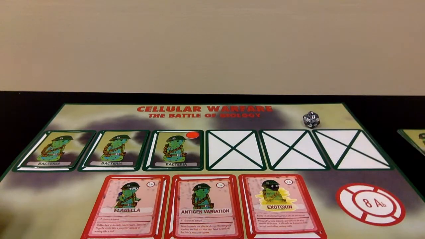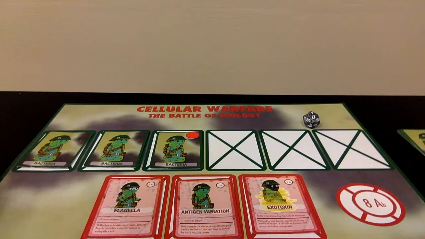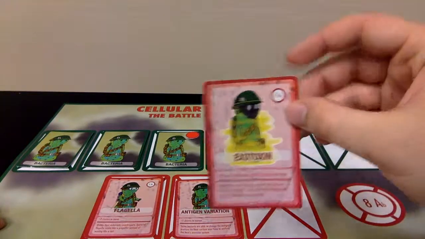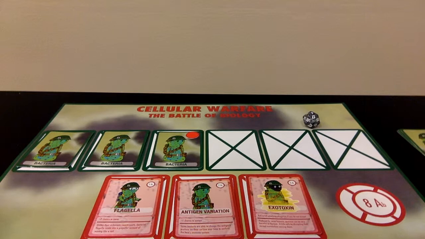Rolling a 1 to 3 would have let me kill the cell, so that's another method of escape. Other than just slipping away, you can actually kill the cell, which is an interesting thing, and is why it has the highest antibody score on its card. It's pretty toxic. I think that's a pretty good demonstration of the basic rules of the game, so have fun.